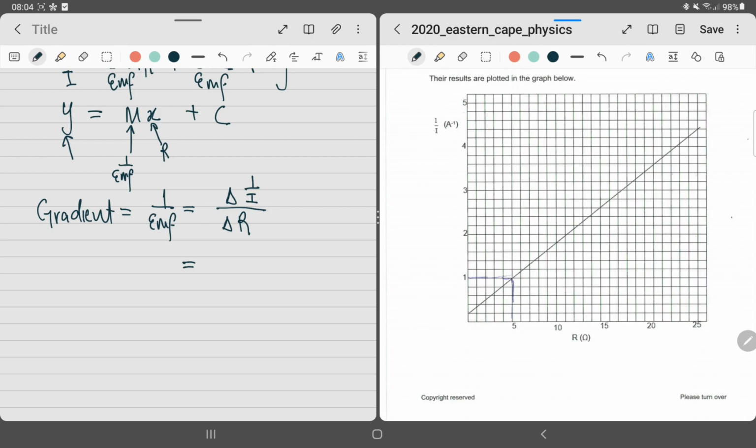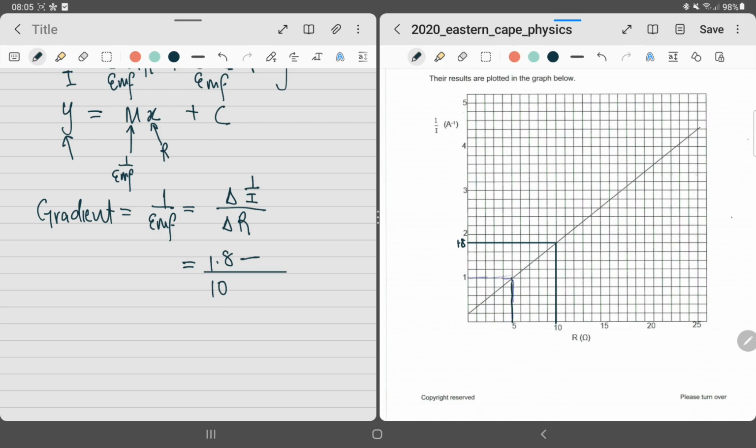I'm going to pick the 10, and the 10 is going to go with that point right there. So this is 2, 4, 6, 8, 10, so that is a 1.8. So I know that when the inverse of the current is 1.8, the resistance should be equal to 10.